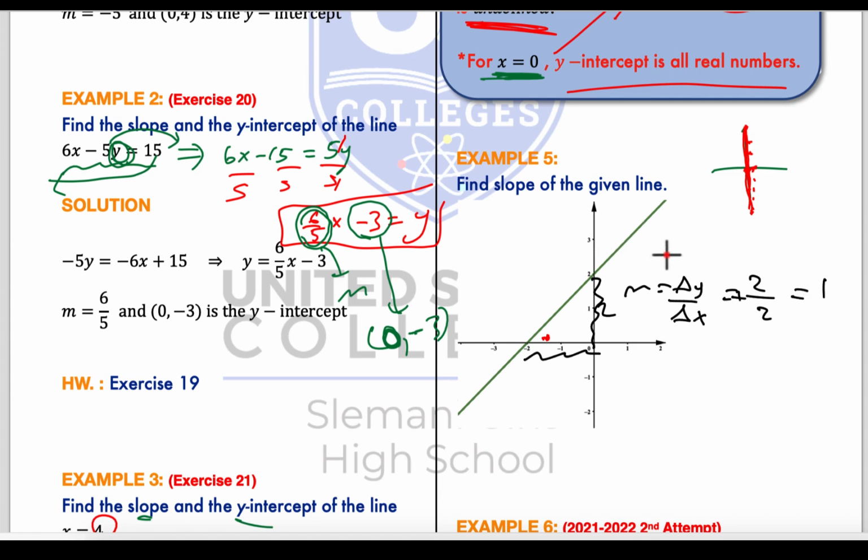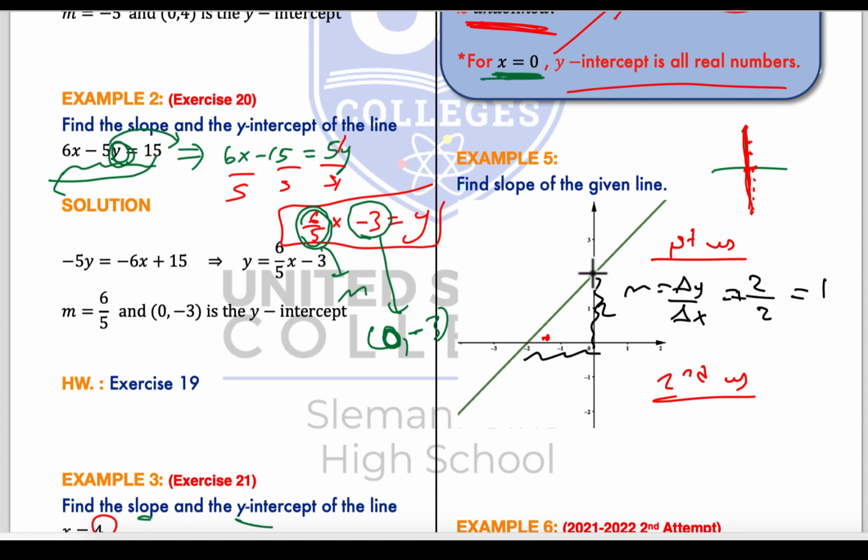If you don't like the first way, if it doesn't make sense, find 2 points. Pick 2 points. What 2 points are clear? This is a clear point for me. I'm sorry, the pen stuck. I cannot write.